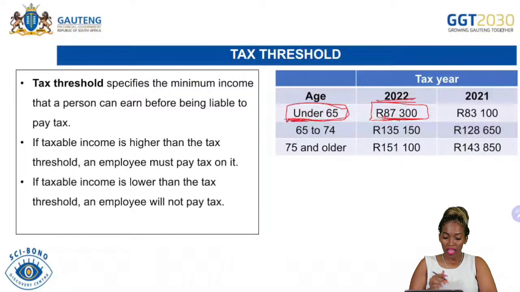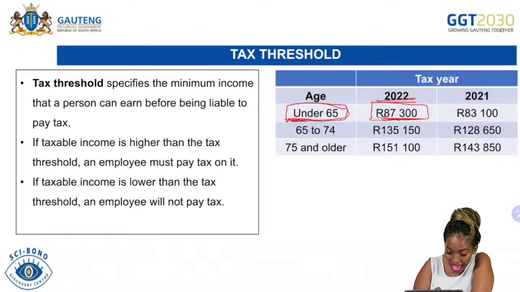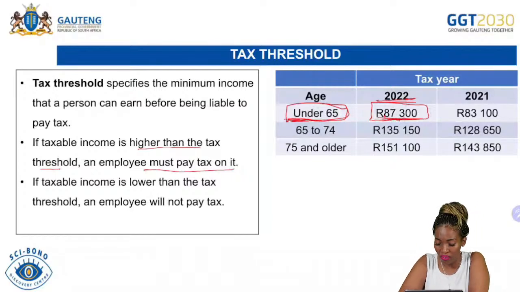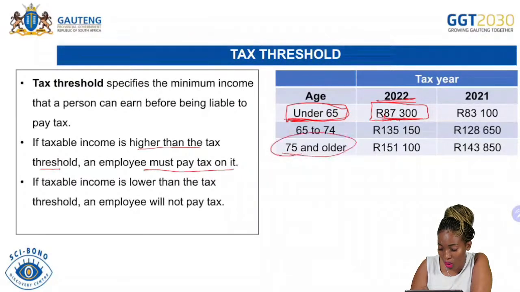If the taxable income is higher than the tax threshold, an employee must pay tax on it. This is basically what I just explained now. I feel like if I'm going to read here, I'm going to confuse you even further. So lastly, if you are 75 years and older in 2022 and you are earning 151,100 or less, then you don't qualify to pay tax.